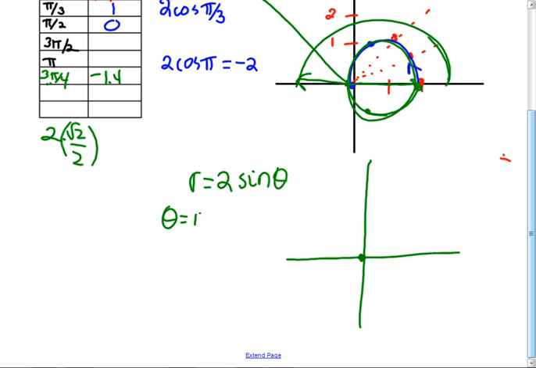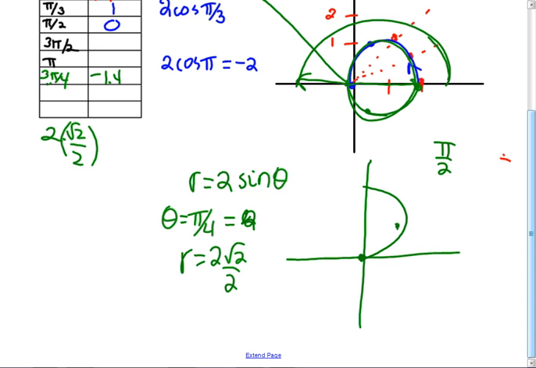Theta equal to pi over 4, r is equal to 2 times the square root of 2 over 2. Okay, it's about 1.4. So at pi over 4, it's going to be at 1.4. It's going to be here. What about at pi over 2? Is it the same circle that's going the other direction? No, it started here. It's going around like, because what is the sine of pi over 2?